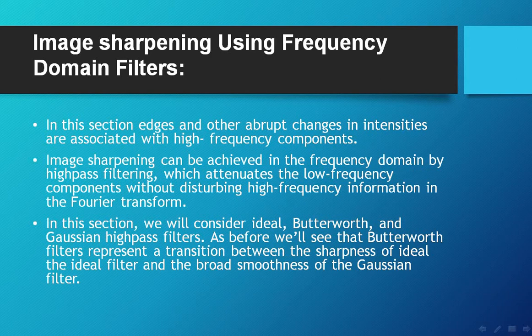In this section, we will consider ideal, Butterworth and Gaussian high pass filters as before. Butterworth filters represent a transition between the sharpness of the ideal filter and the broad smoothness of the Gaussian filter.